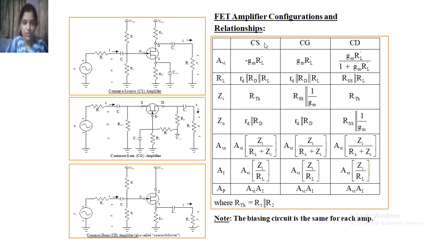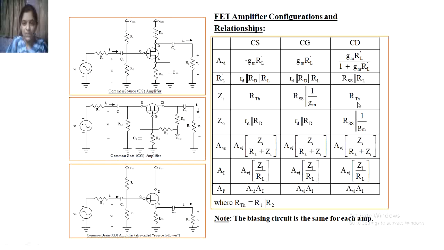For the common source, the source is common. For the common gate configuration, the gate terminal is common for the input and the output. And for the common drain, the drain terminal is common for the input and the output. The common drain works as a source follower.